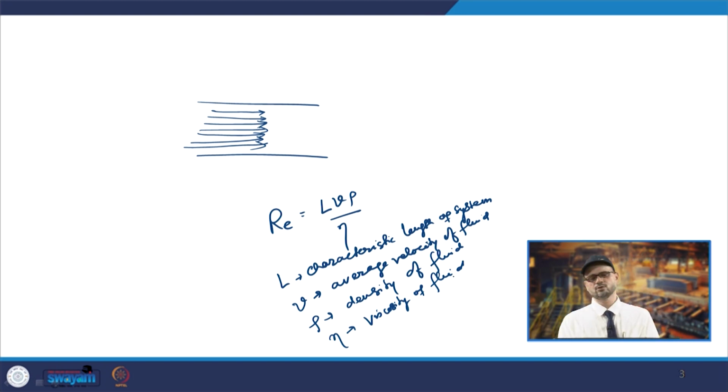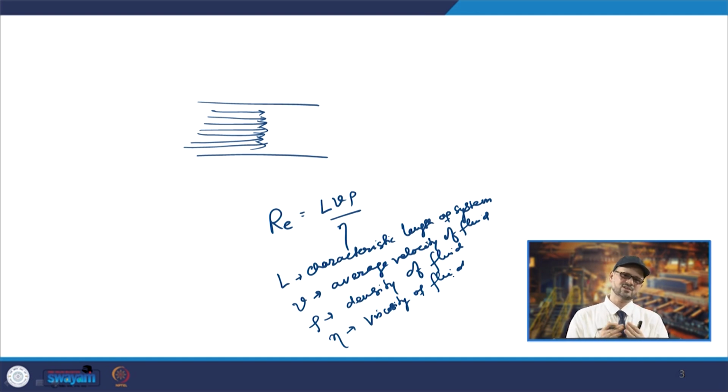Once you have any geometry or container in which there is flow going on, using this correlation you will find the Reynolds number. If this Reynolds number is more than a certain critical value for a particular configuration of vessel, it is said to be turbulent, or if it is less than that, it will be laminar.